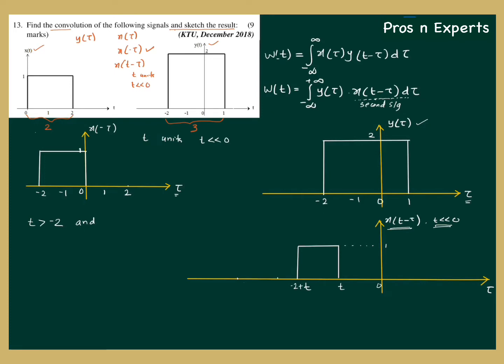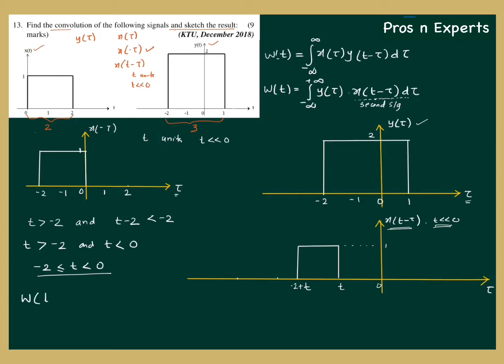If you look carefully, this is t greater than -2 and, taking -2 to this side, t less than 0. So the interval is nothing but -2 less than or equal to t less than 0. This is the interval in which we are going to evaluate w of t.